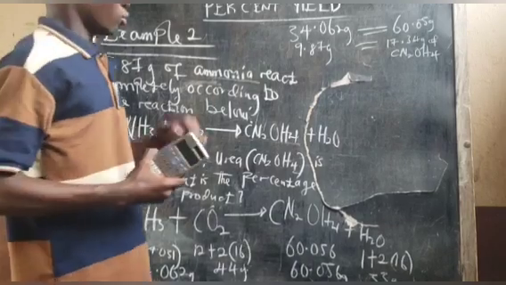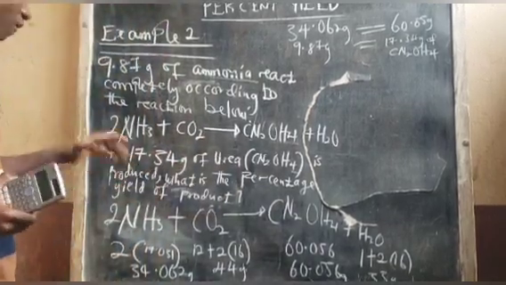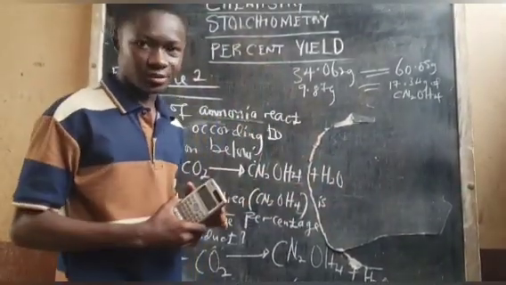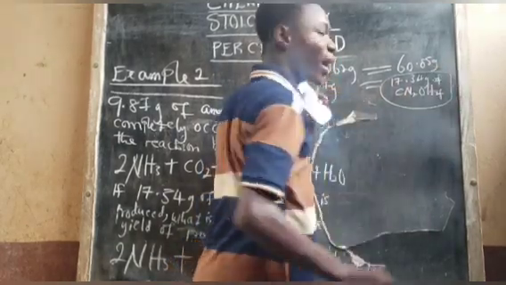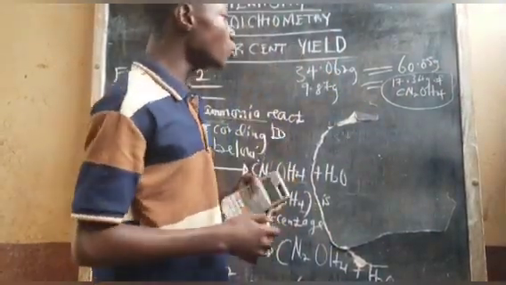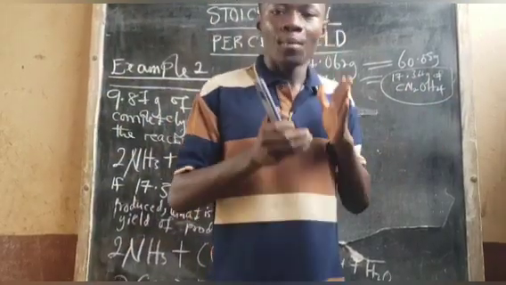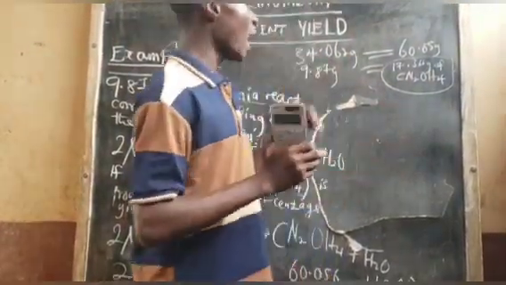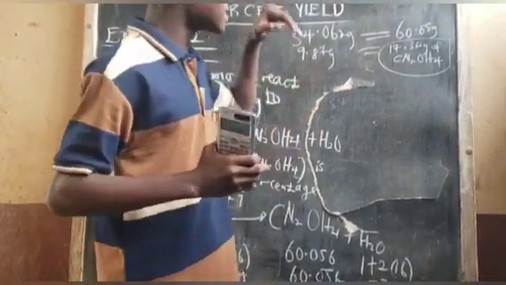Next, in finding the percentage yield of product, you need to have your actual yield and the theoretical yield. Now, this is the actual yield. Mind you, actual yield is the amount or mass of product that is obtained from a real world experiment or lab experiment, or the mass that is given in the question.